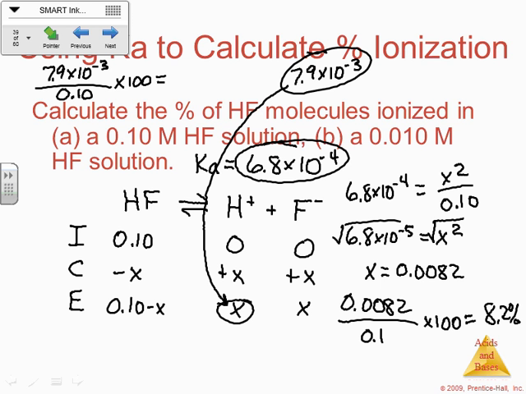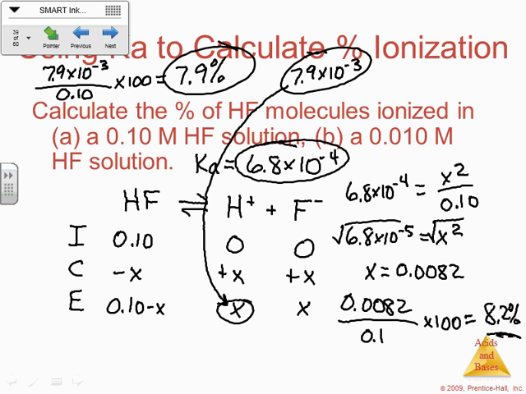If I can do this in my head. Is it 0.79%? No, 7.9%, right? Yeah, 7.9%. Of course I can do that in my head. I just did it over here. Okay. So 7.9% is your answer on that one for your percent ionization.